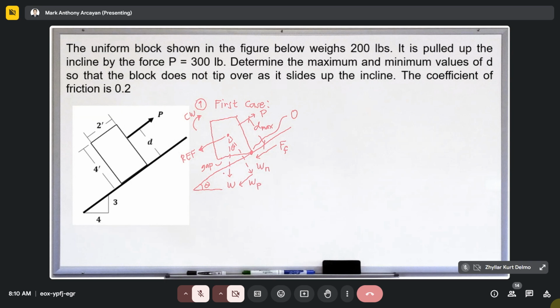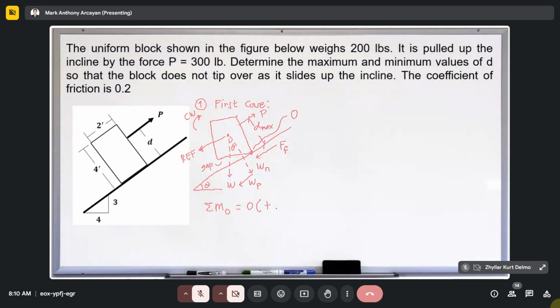And with that, to find the value of D, we make use of the summation of moment. So summation of moment at O, we indicate point O, is equal to 0.